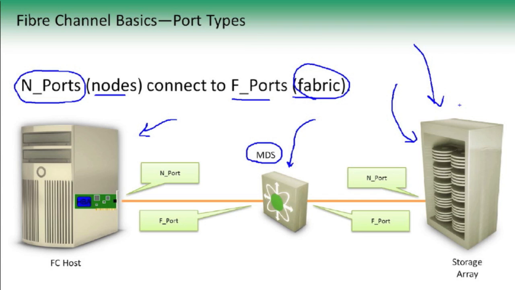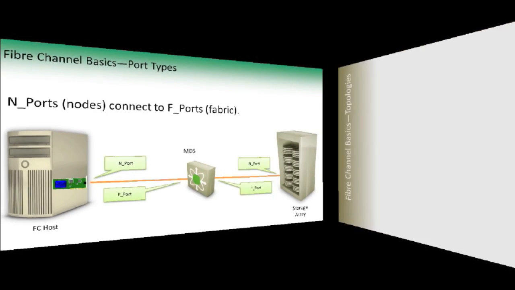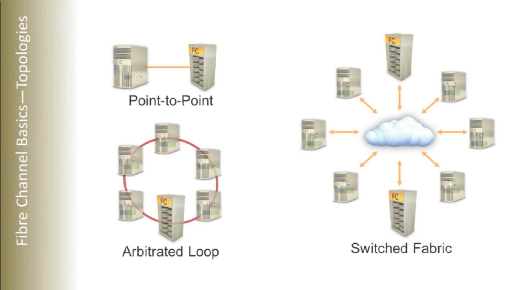Now, when you start talking about fiber channel, you realize that there are three basic topologies. The simplest fiber channel topology, but one that is seldom ever seen, would be point-to-point. A more scalable type of topology would be an arbitrated loop.